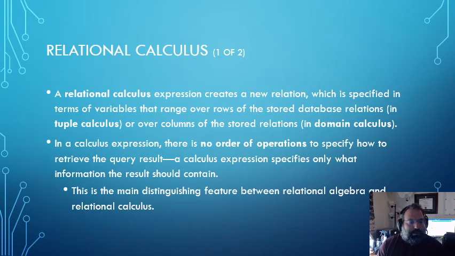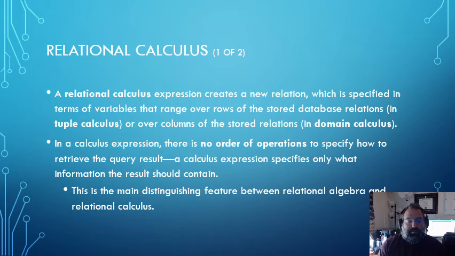A relational calculus expression creates a new relation, which is specified in terms of variables that range over rows of the stored database relations in tuple calculus, or over columns of the stored relations in domain calculus. In a calculus expression, there is no order of operations to specify how to retrieve the query results.